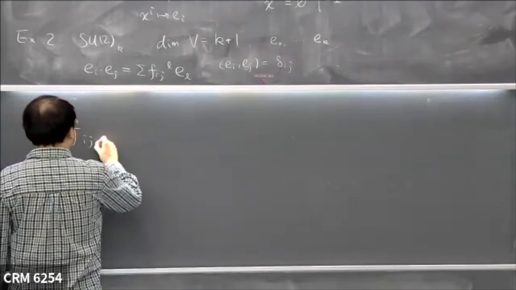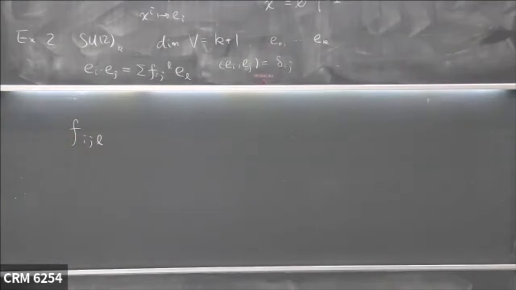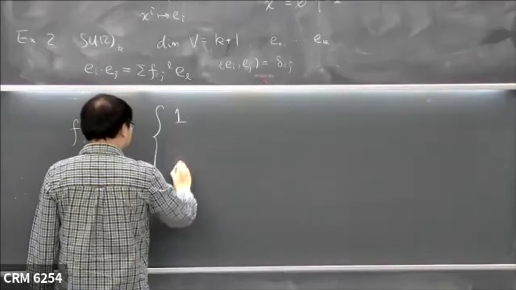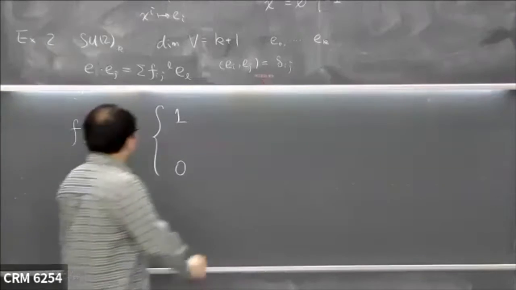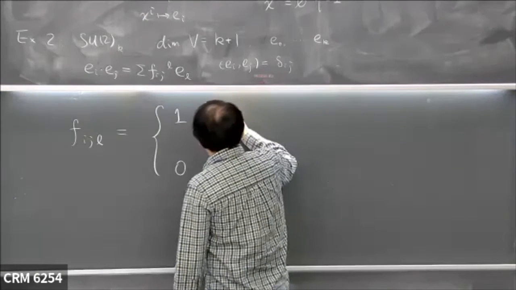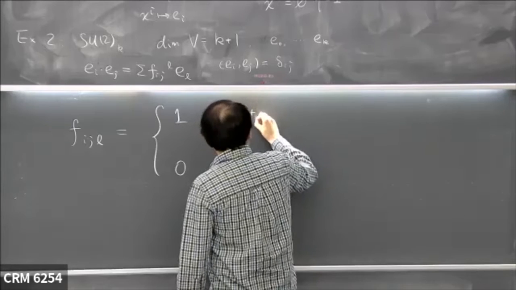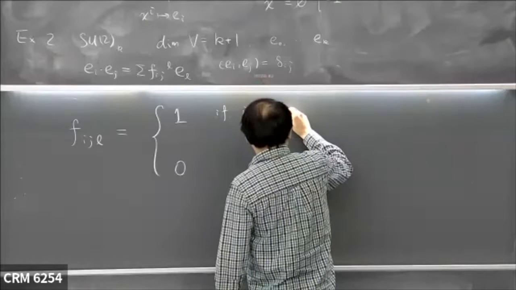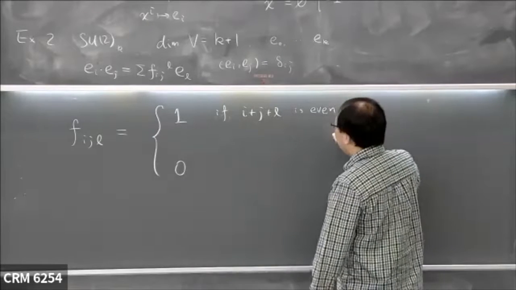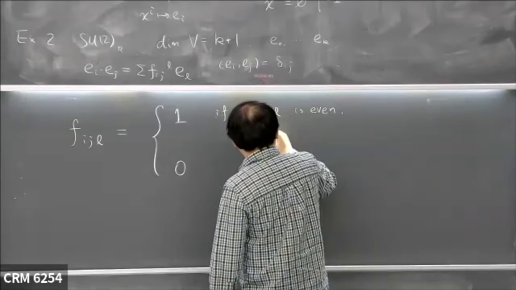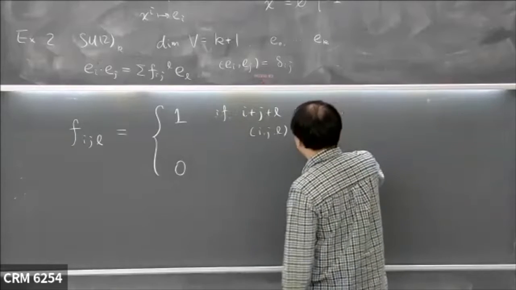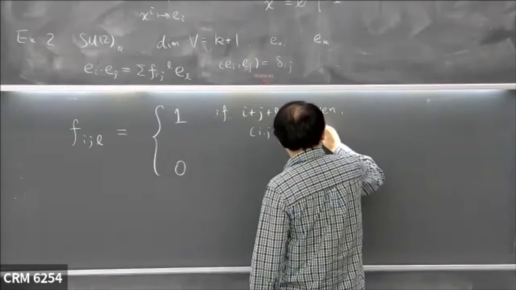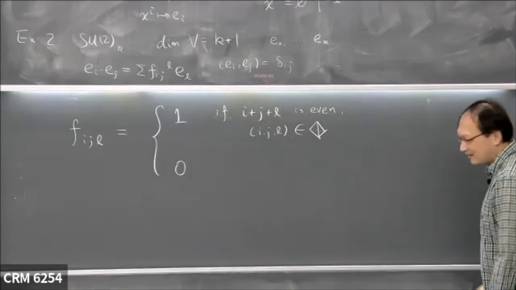So I will write it with all lower indices. This F can only be either 1 or 0. And it can only be 1 if the sum i plus j plus l is even. And furthermore, i, j, and l, this triple, live inside a tetrahedron. So what do I mean by this?